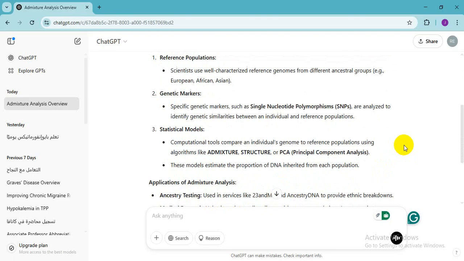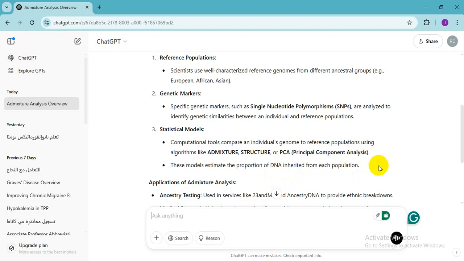Number 3, statistical methods and computational tools compare the individual's genome to the reference populations using algorithms like ADMIXTURE, STRUCTURE, and PCA, principal component analysis. This model estimates the proportion of DNA inherited from each population.